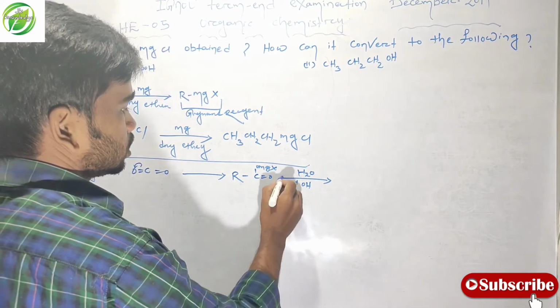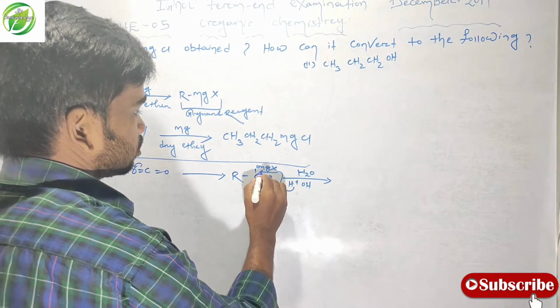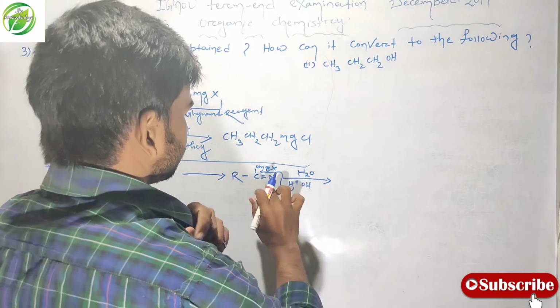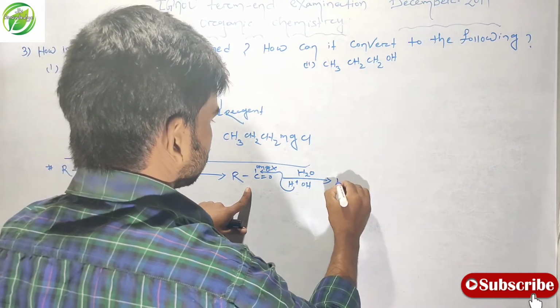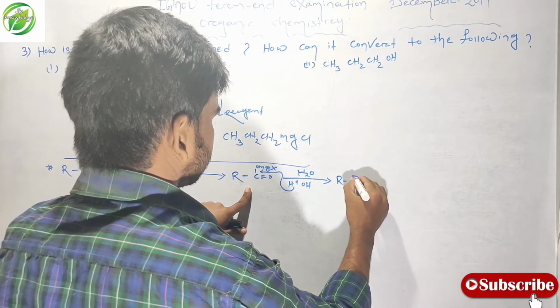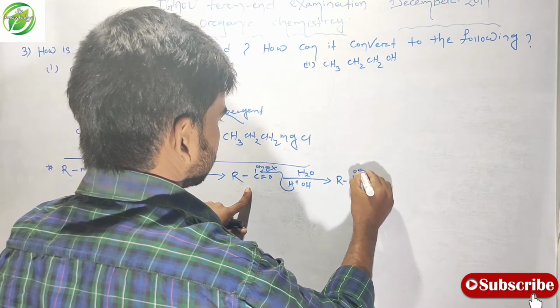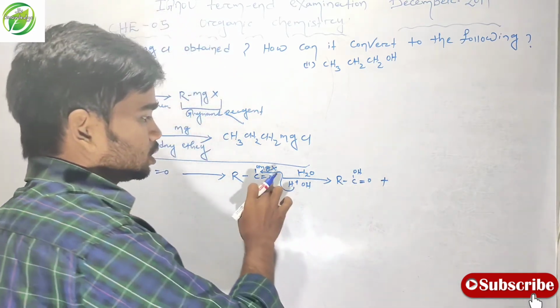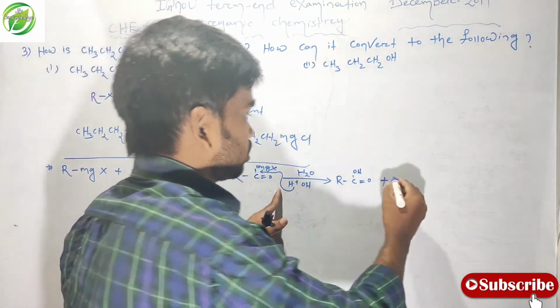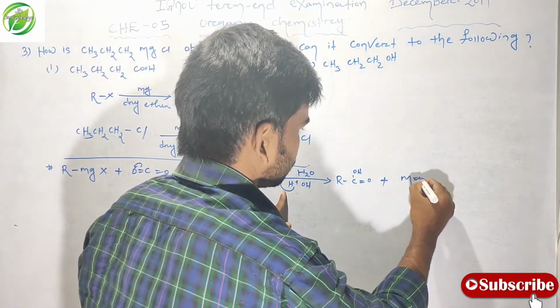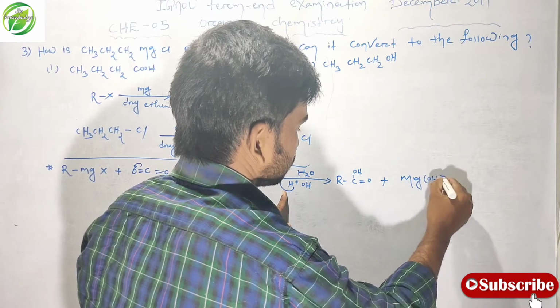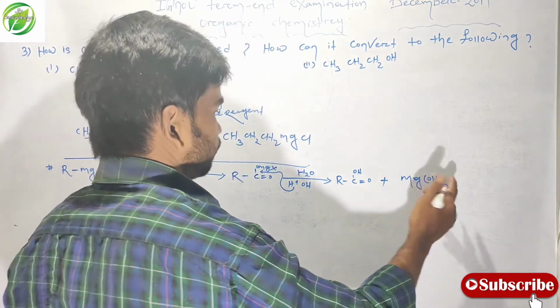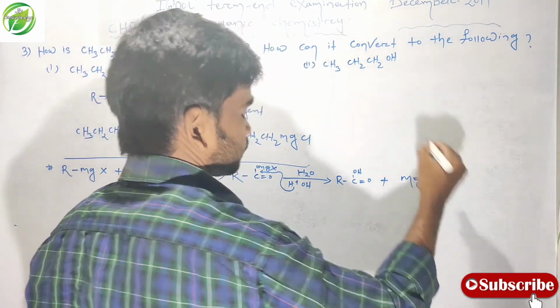This OH joins with this magnesium and forms Mg(OH)X.